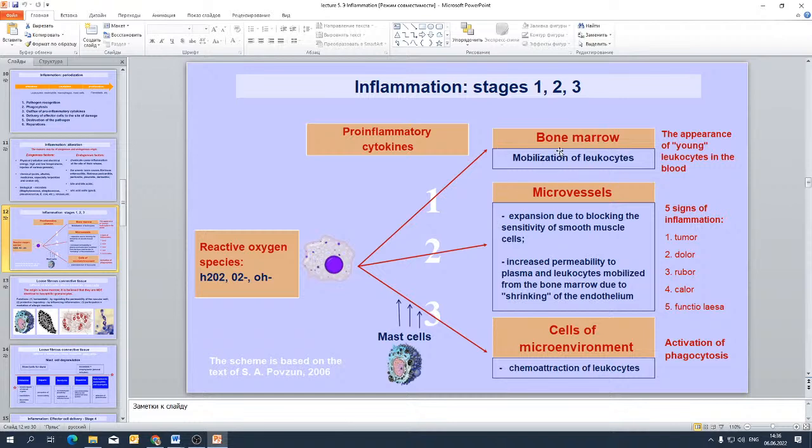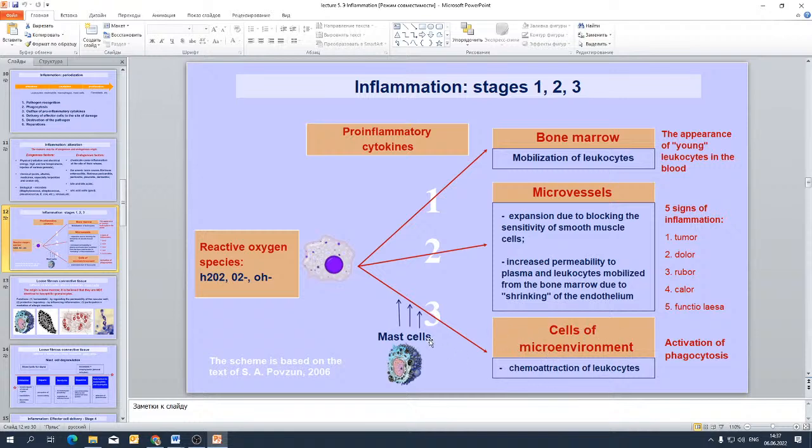From bone marrow, leukocytes go through sinusoids and then into blood. Then in microvessels permeability increases, and leukocytes go through the endothelium. Then there are the cells of the microenvironment.